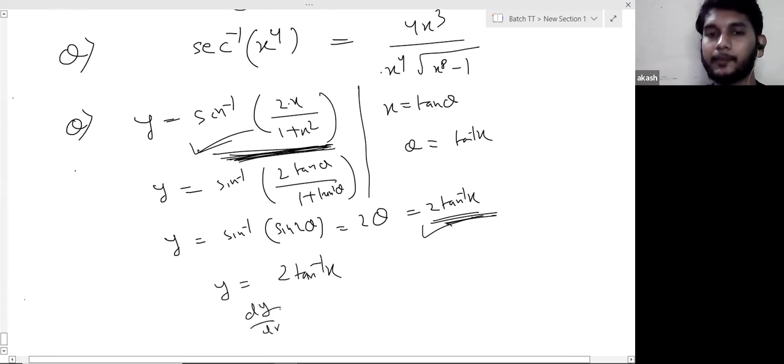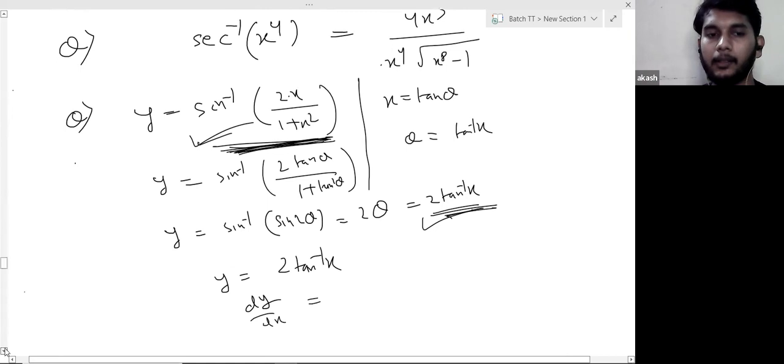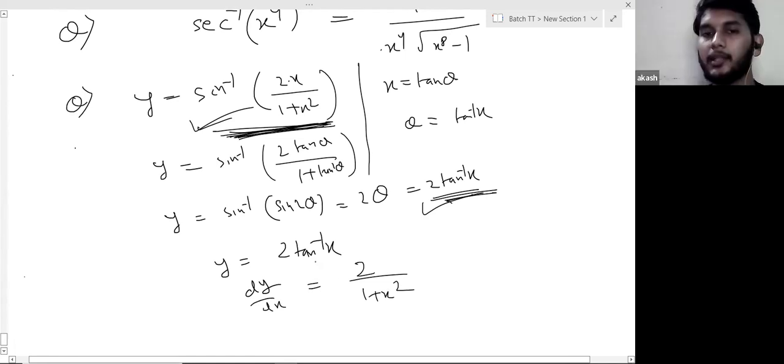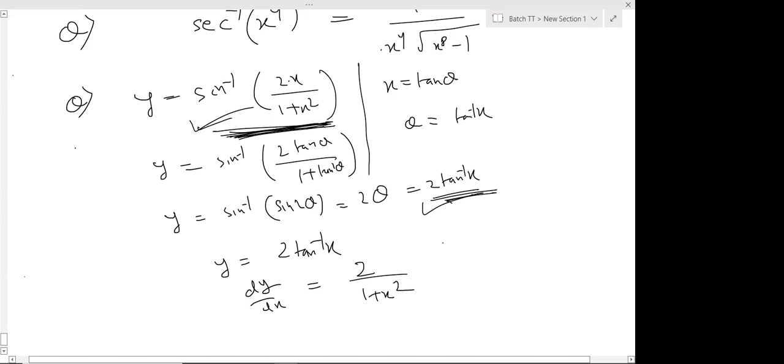dy by dx. So 2 by 1 plus x square. Absolutely right. Very simple. 2 is outside, tan inverse x differentiation is 1 by 1 plus x square, right? Everyone else is clear? Yes, sir.